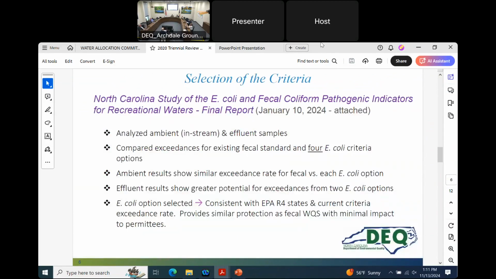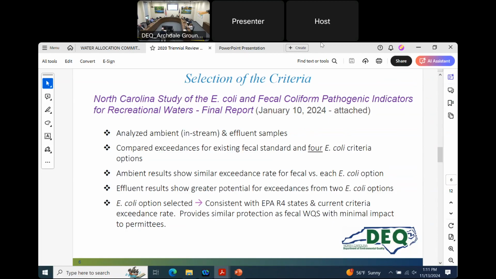In order to help with the development of North Carolina's proposed update to switch to E. coli from fecal coliform as the bacterial indicator, North Carolina conducted a study of the E. coli and fecal coliform pathogenic indicators for recreational waters, and this report was provided to the committee a little while ago in a few different prior information items and action items, I think.